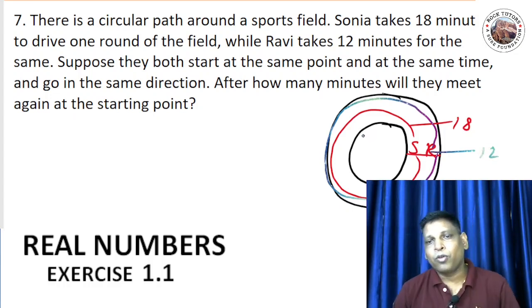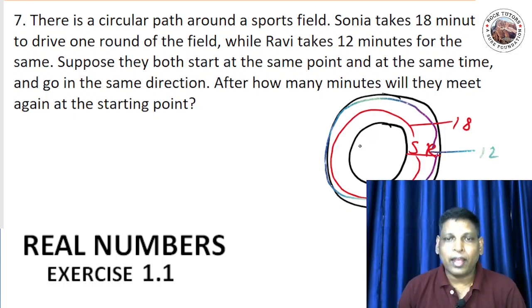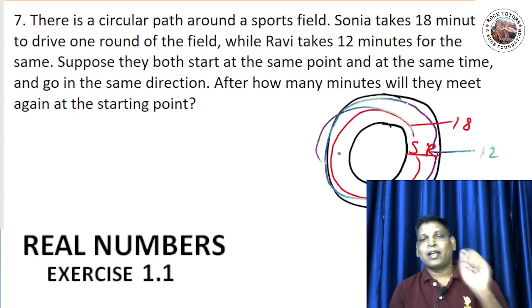Then if they go on continuously, what's the question? After how many minutes will they meet again at the starting point? They are circling on the ground, they are running. So when will they meet at the same point?